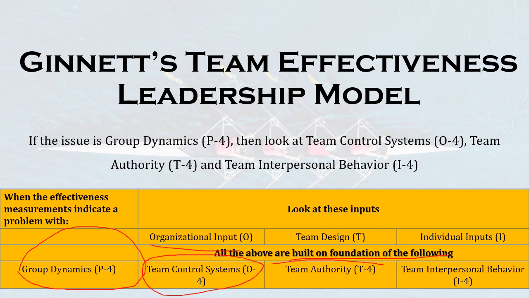The team authority is the foundation for team design, and the team interpersonal behavior is the foundation for individual outputs. All the above outputs, that means criteria 1, 2 and 3 of every input and process, are the foundation for group dynamics, team control system, team authority, and team interpersonal behavior. So this is what the entire model talks about.